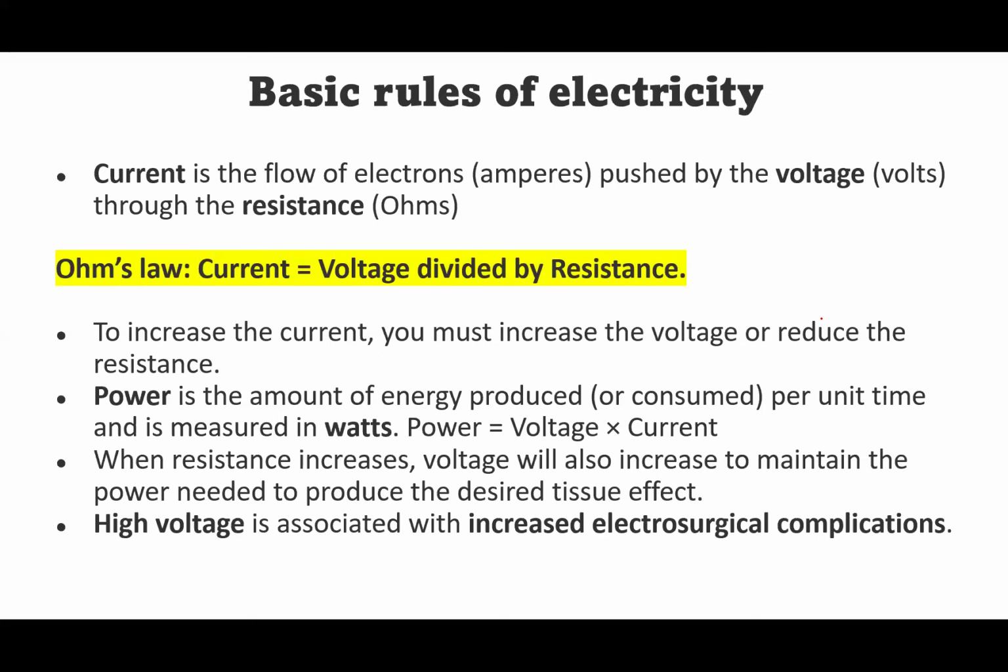Now, Ohm's law states that current is equal to voltage divided by the resistance. To increase a current, you must increase the voltage or reduce the resistance. Now, what is power? Power is the amount of energy produced or consumed per unit time, and is measured in watts.